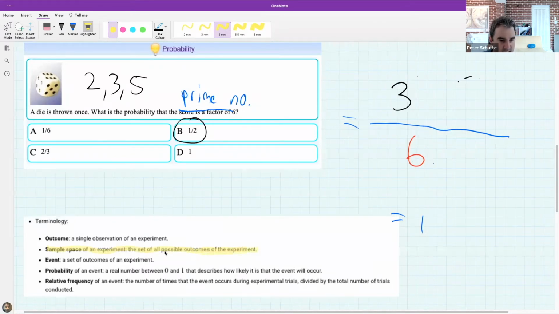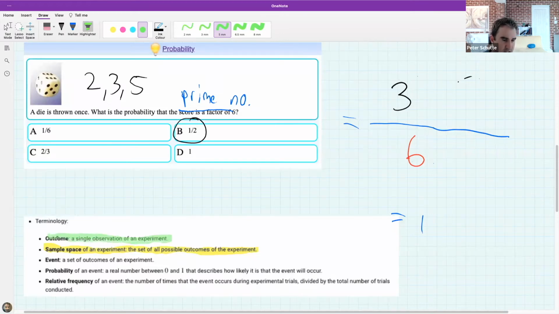So in this case, the sample space was the numbers 1 to 6. But if it was a coin, the sample space would have been a heads and a tails. If it was a different size dice, the number of possible outcomes will change depending on the question.